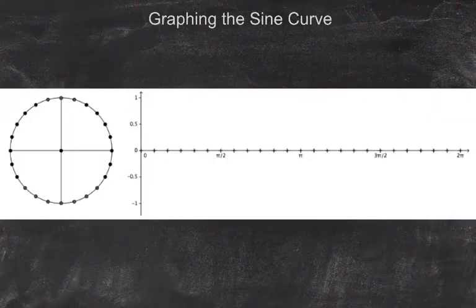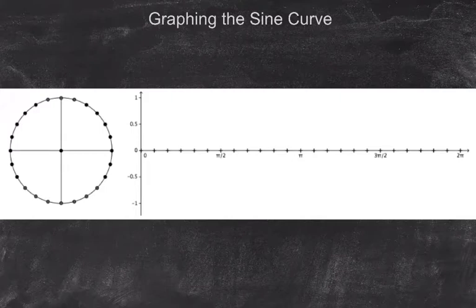So here I've got a unit circle lined up with a regular coordinate plane. On my unit circle, the x-axis is representing the length of the base of my right triangles, and the y-axis is representing the height.